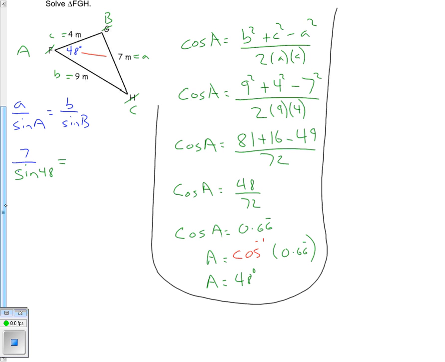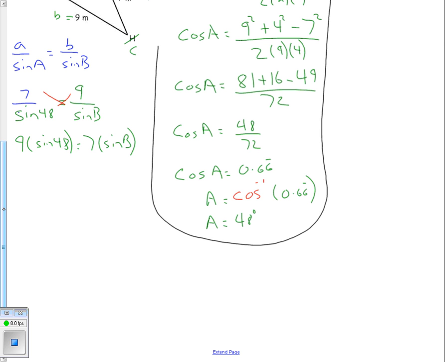And b is going to be 9 over sine B. We don't know what sine B is, that's what we're trying to figure out. Now let's use our sine law. We're going to cross multiply. So 9 times sine 48 is equal to 7 times sine B.